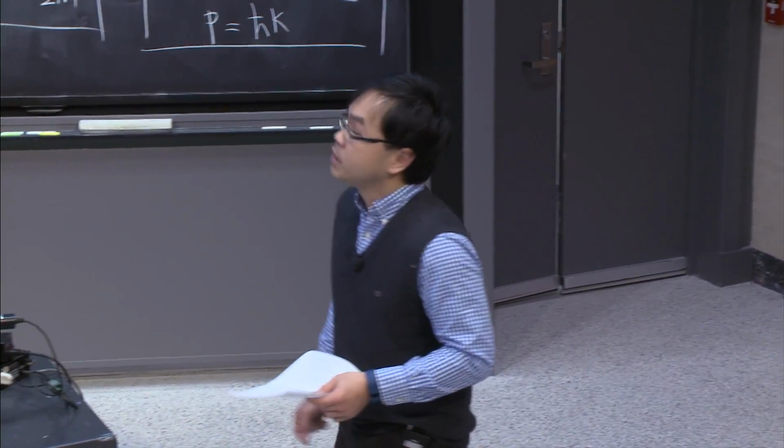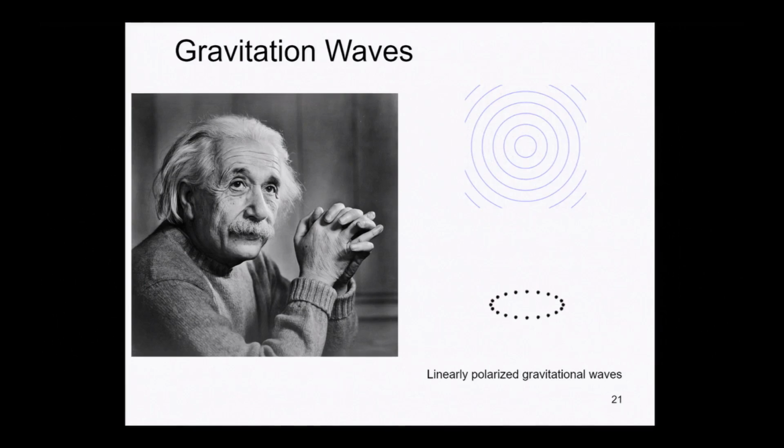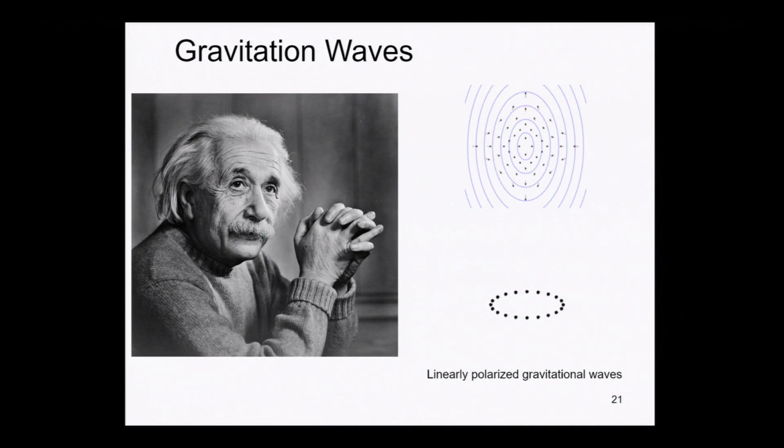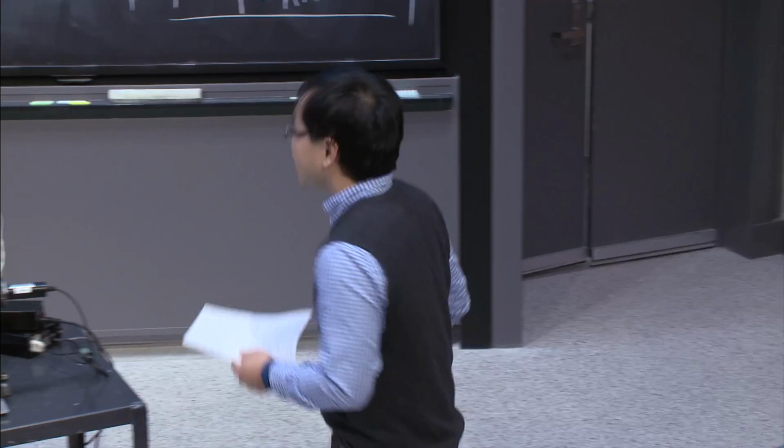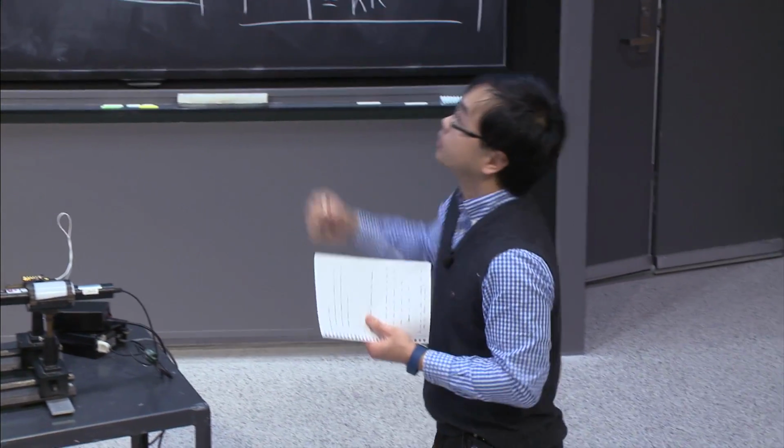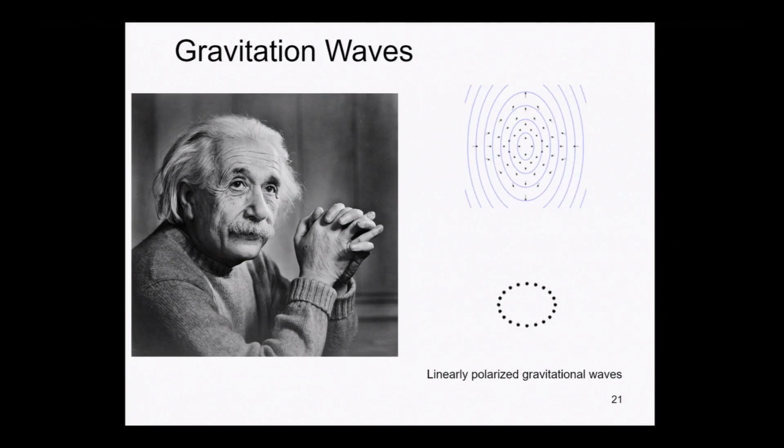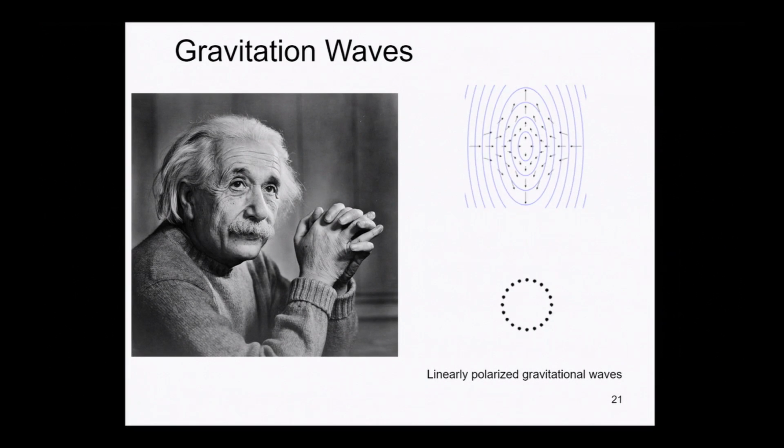And what will be the outcome of the calculation, if you have a gravitational wave passing toward you? So what it does is the following. Basically, the space is distorted in a way such that it first expands in this direction, and then expands in the other direction, perpendicular to the original distortion.